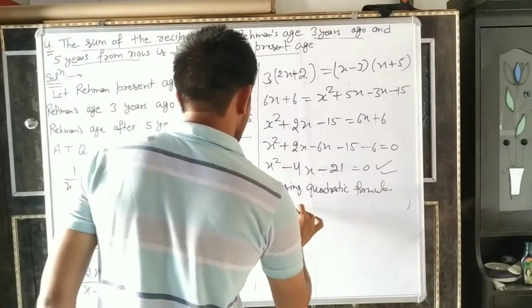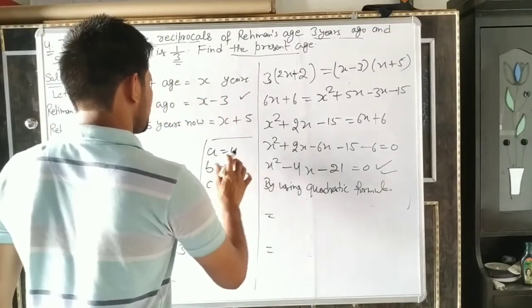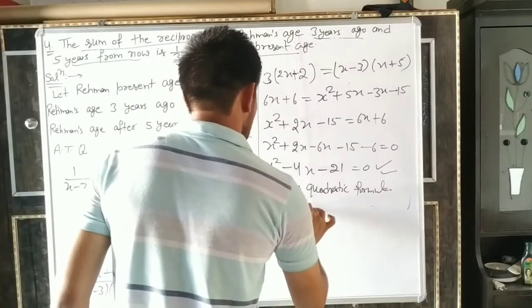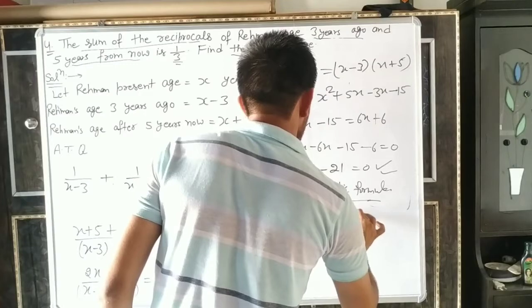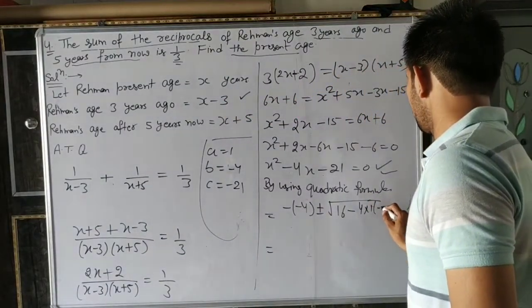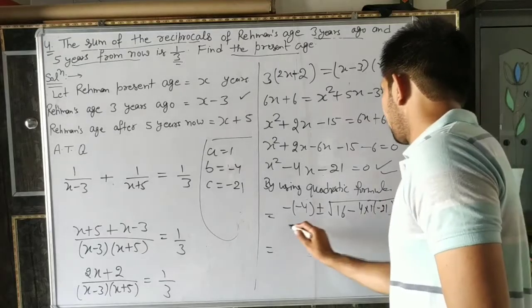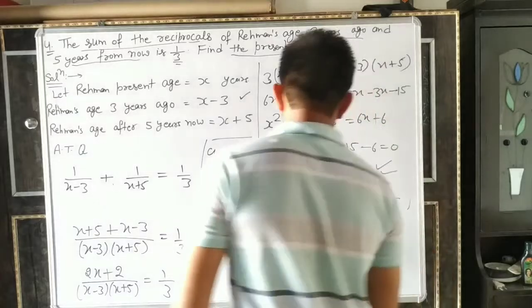So it is minus b. Minus b, it is minus of minus 4, so plus 4, plus minus under the root b square. B square 16 minus 4 into a is 1 into c is 21, divided by 2a. 2 into 1, 2a. I am writing directly.